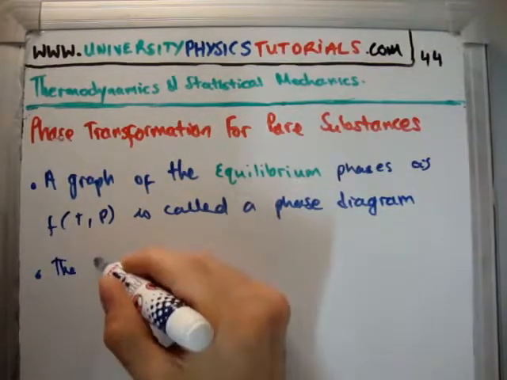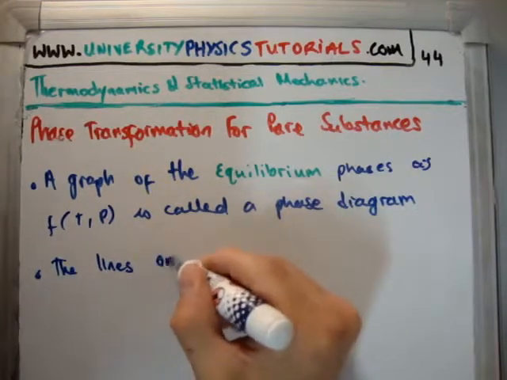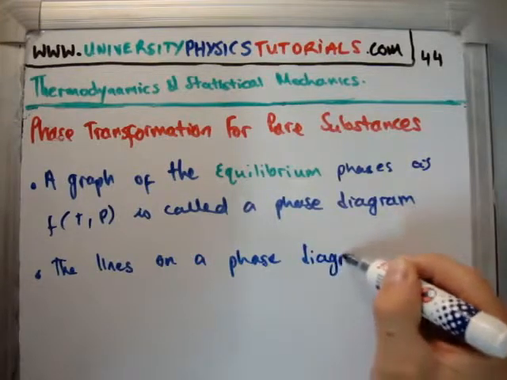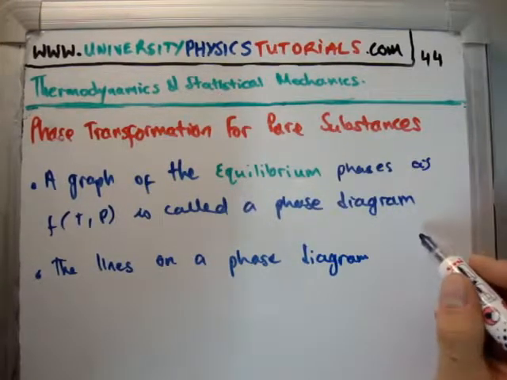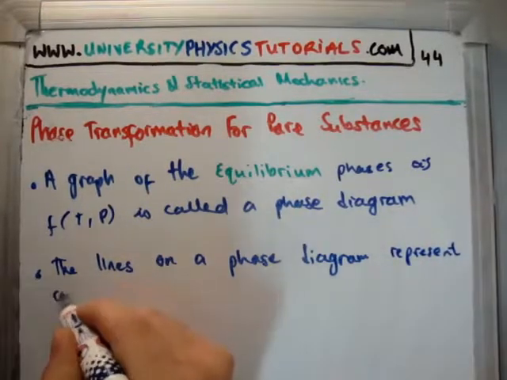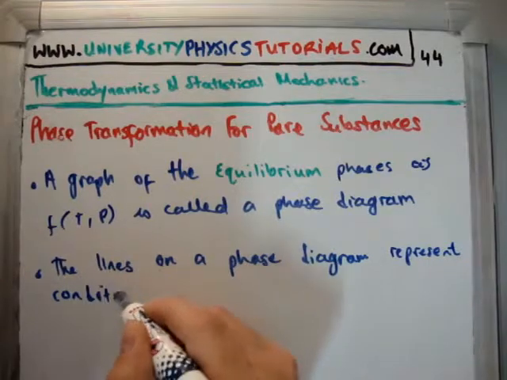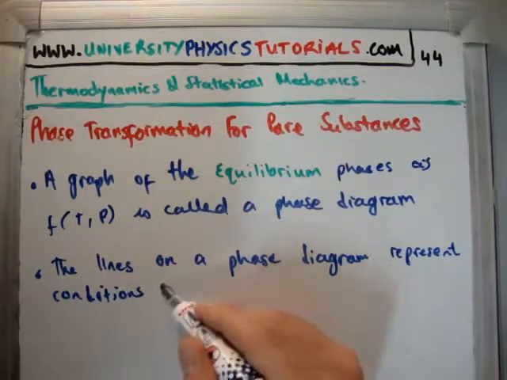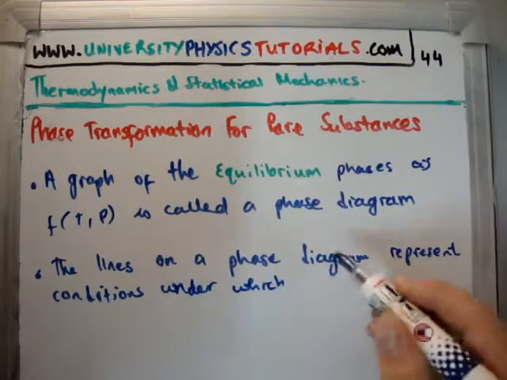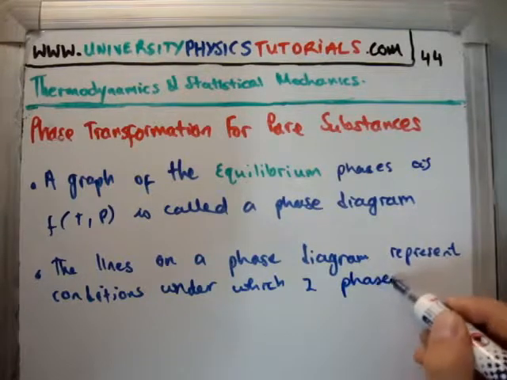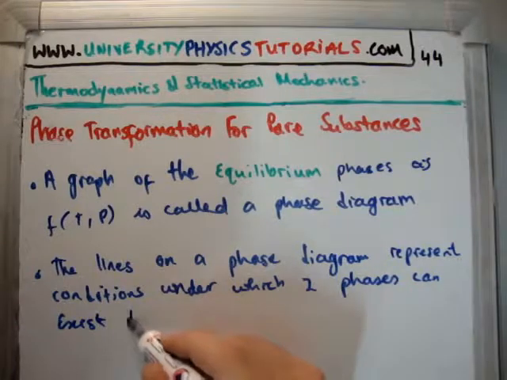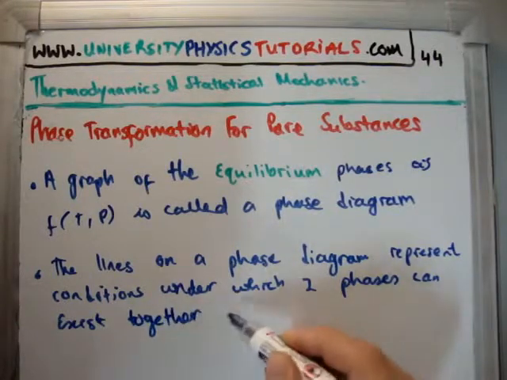Next, the lines on a phase diagram represent the conditions under which two phases can exist together in equilibrium.